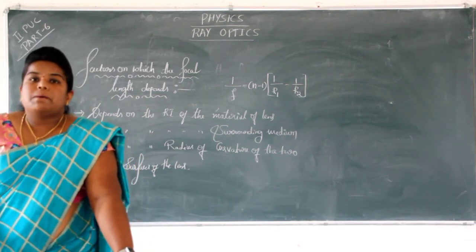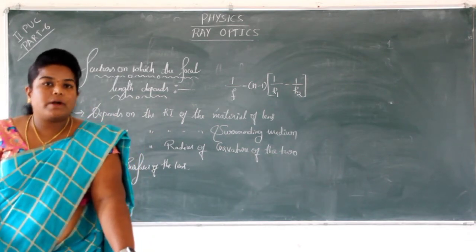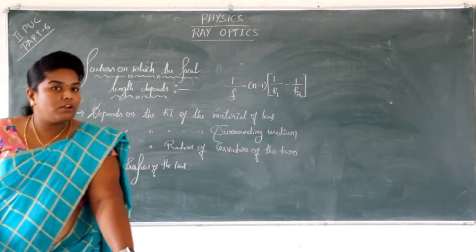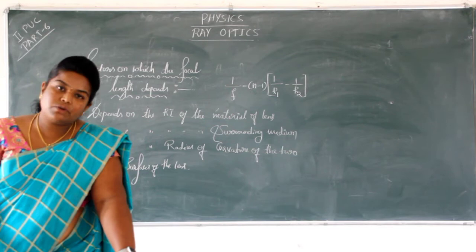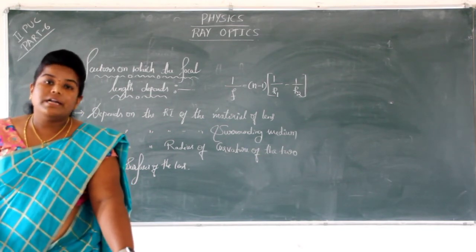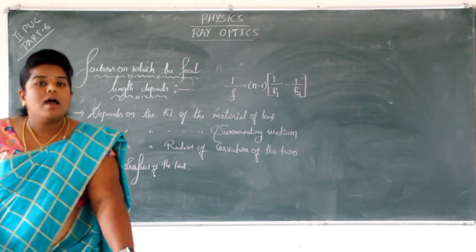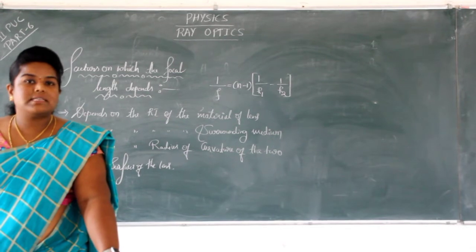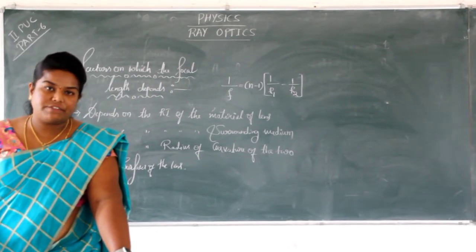If a prism is present, the prism shows a different angle of deviation, different refraction, different angles of bending for the different colors of light, and finally it shows the dispersion effect.